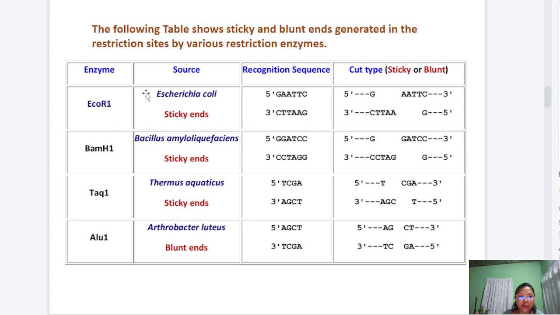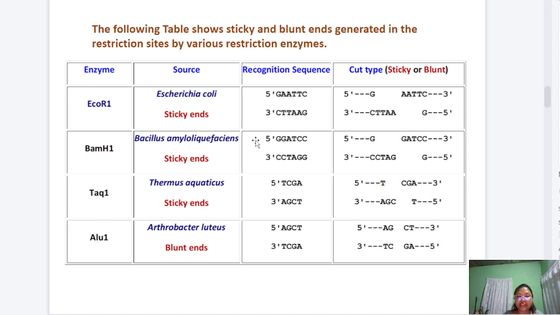So EcoR1, the source of EcoR1 is from Escherichia coli. It produces sticky ends; the recognition site is given to you in the third column, and the type of cut it produces is sticky end. Whereas BamH1, which is isolated from Bacillus amyloliquefaciens, this third column signifies the recognition sequence, and this will also produce sticky ends, and similarly for TaqI, Thermus aquaticus.